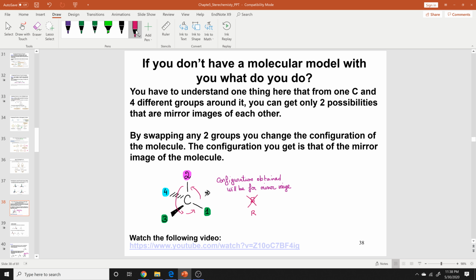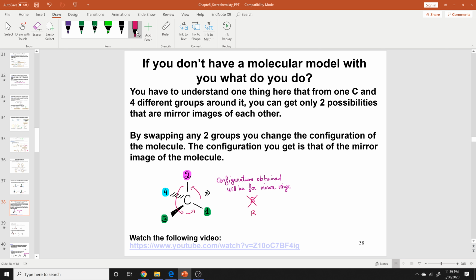Here it was in plane, and I made it behind because I cannot do the configuration if the lowest priority is not behind. When you swap, you get the configuration of the mirror image. So to find the configuration of the molecule itself, you have to reverse that, change it, and I'm going to change it into an R.